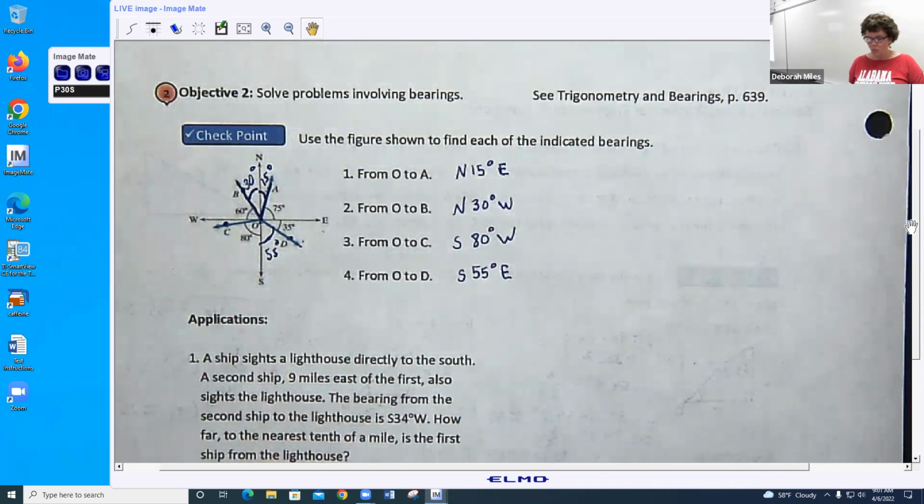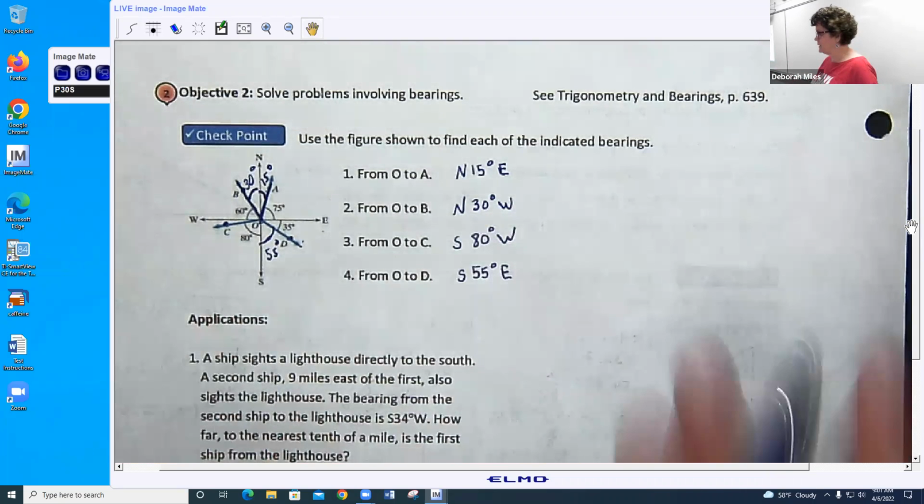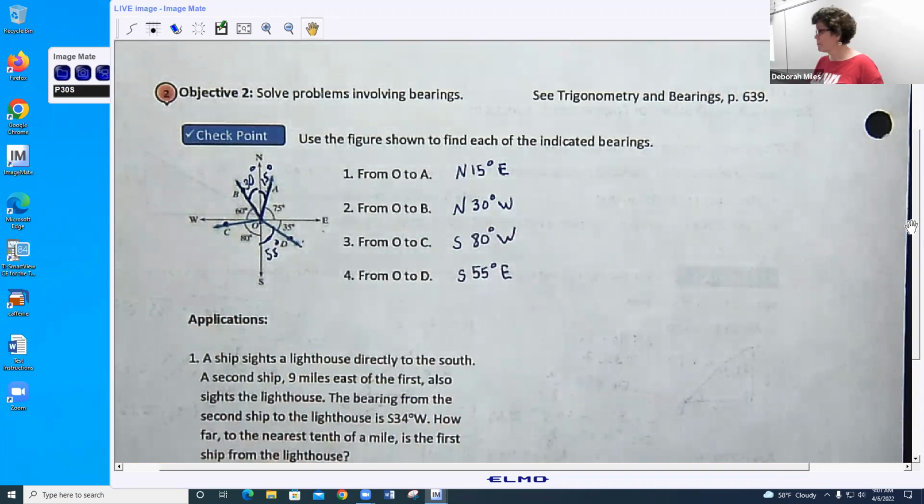Now, before we do a word problem, does anybody need to ask me a question about, I didn't get something about the bearings? It's always with respect to either the north or the south line.